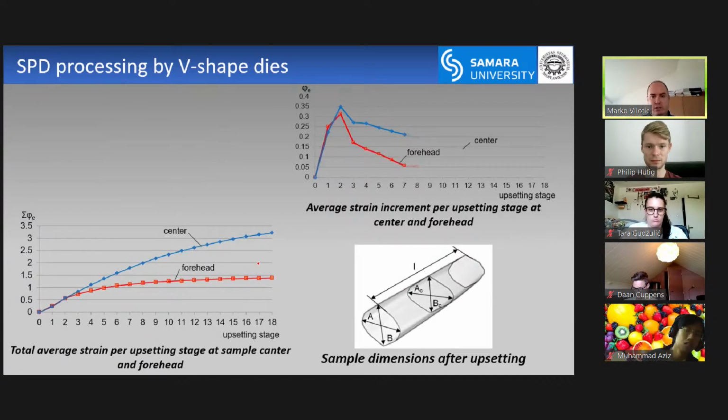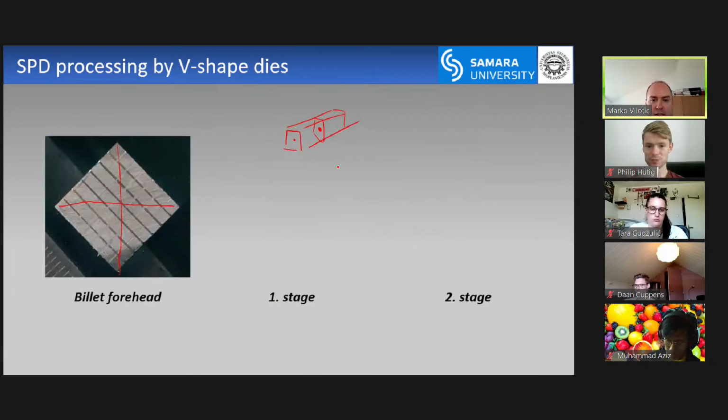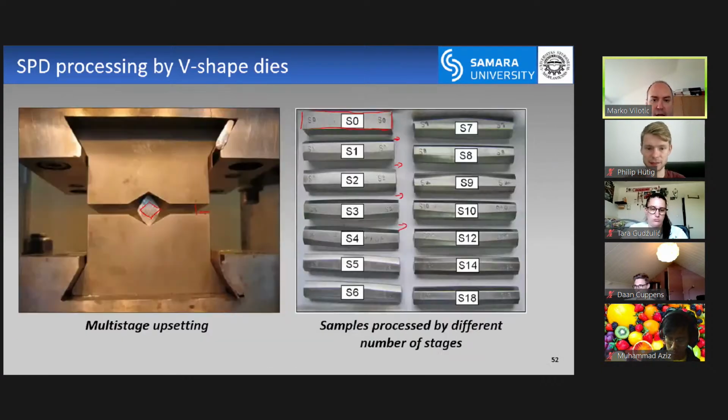So you can see here, I measured the deformations, just a rough measurement at the edges and at the center. So here's the average strain increment. And of course, the biggest increment is at the initial upsetting stage. Why? Well, you can see it here: the taller the sample, the higher the stroke, and you get the higher strain.